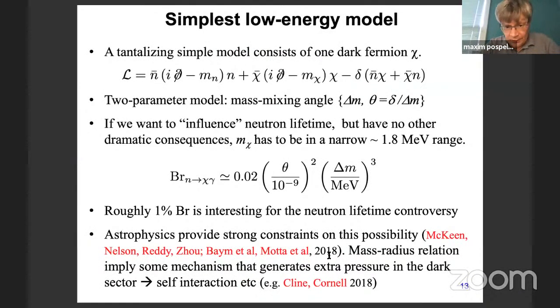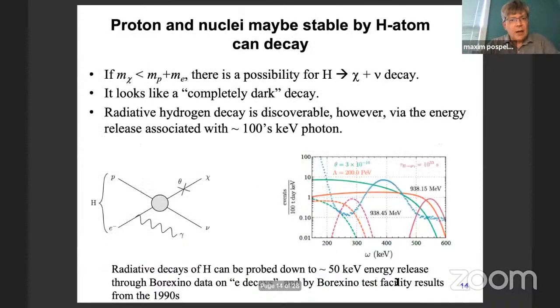If the branching is that large, there is also a quick equilibration of n and n primes within a neutron star with some interesting consequences for mass-radius relations, but I won't go into that.